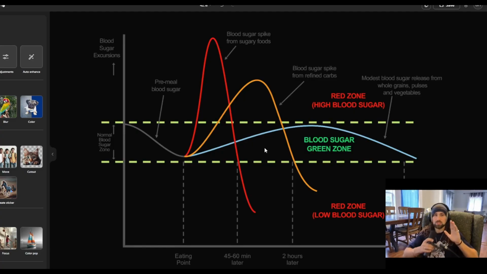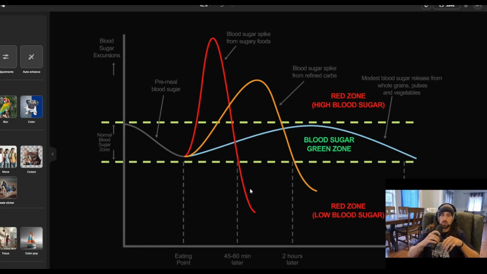Now, for us to understand why this graph is doing things like having a long, slow curve here and a really intense spike here and then a drop, it has to do with absorption rate, how fast the thing that you're eating is going into your bloodstream and putting energy into your blood, because of one hormone.